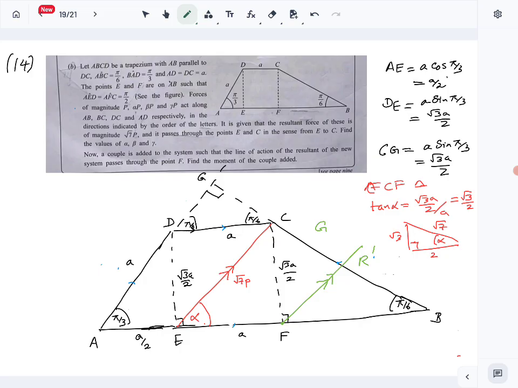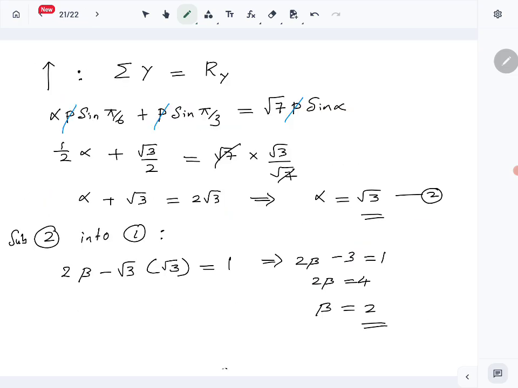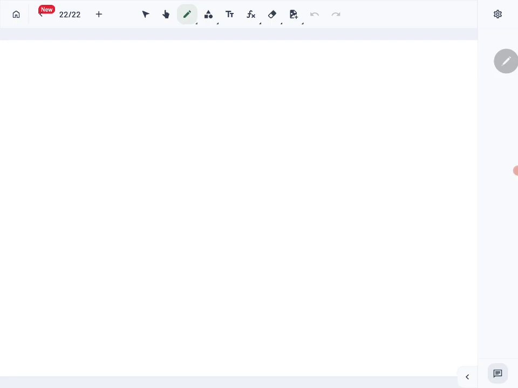We can take moments about F for this new system, and then we don't need to worry about R dash. The only force is this resultant force, and there's a couple G. We take the moment about F because we know the new resultant goes through that point.